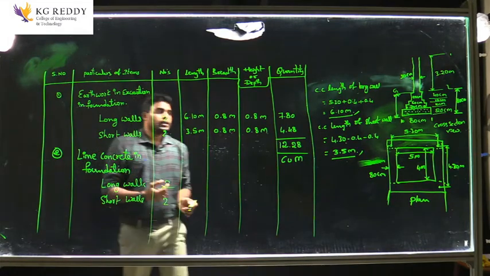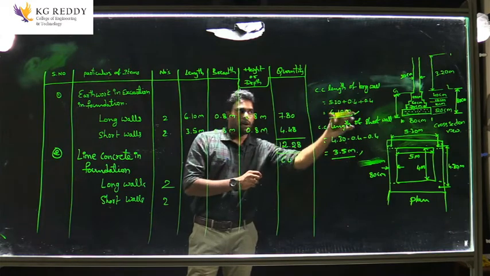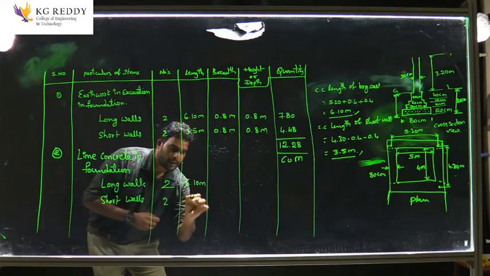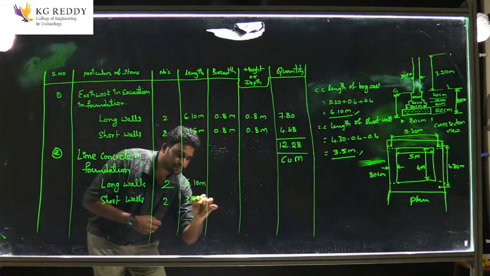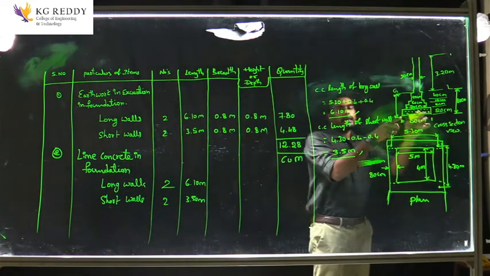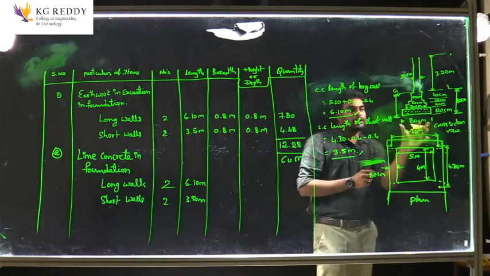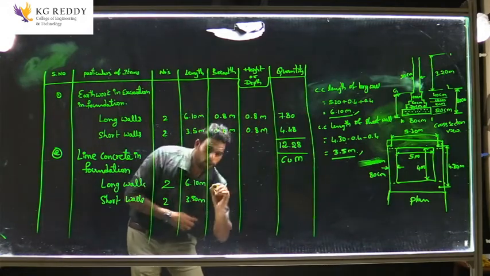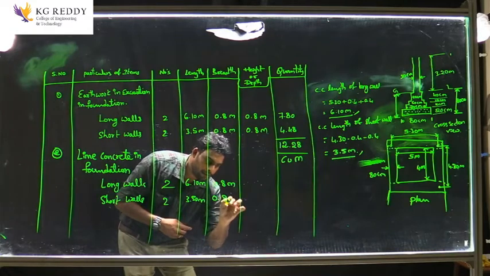Now, on the long wall we take the same 6.10 meters, and the next one is 3.50 meters. This dotted block is the lime concrete in foundation. What is the width of this one? 80 centimeters, which converted into meters is 0.8 meters.